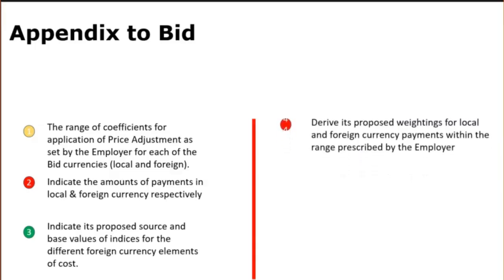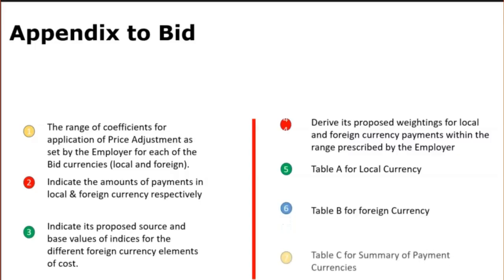C. Derive its proposed weightage for local and foreign currency payment within the range prescribed by the employer. The tables are Table A for local currency, Table B for foreign currency.